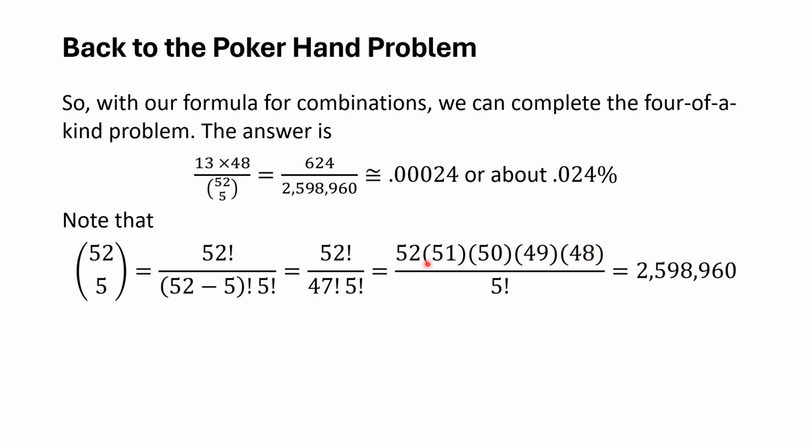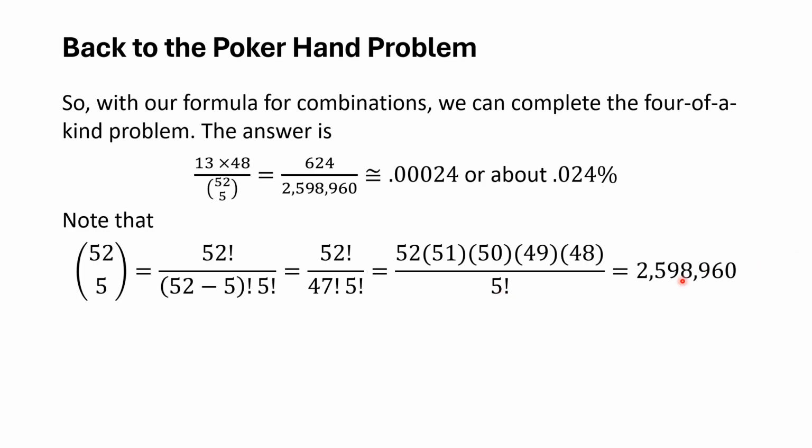You just need to multiply these together and then divide by 5 factorial, and you could even do some cancellation here. You could divide the 5 into the 50 and get 10, and the 4 into the 48, and the 3 into the 52, and then multiply out what's left on the top and divide by 2.